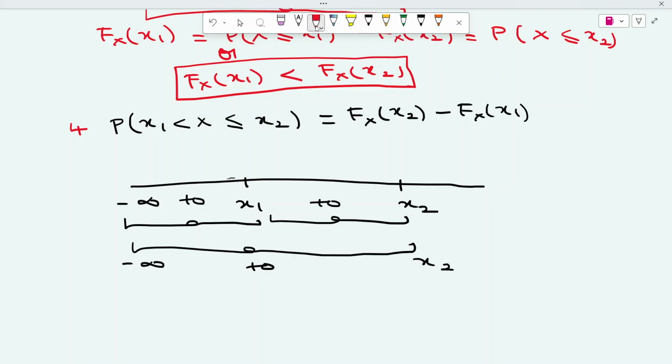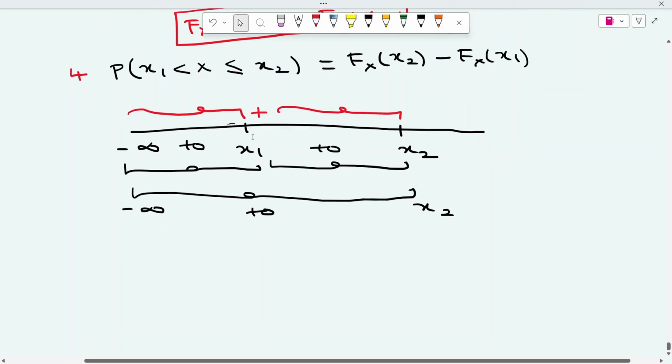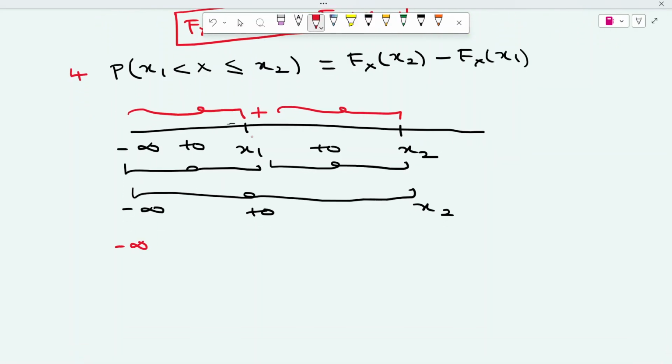So this we can split from minus infinity to x1 plus x1 to x2. So minus infinity to x2, we can write as the summation of minus infinity to x1 plus x1 to x2.